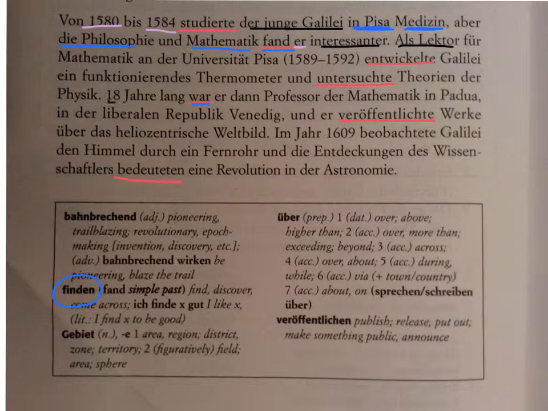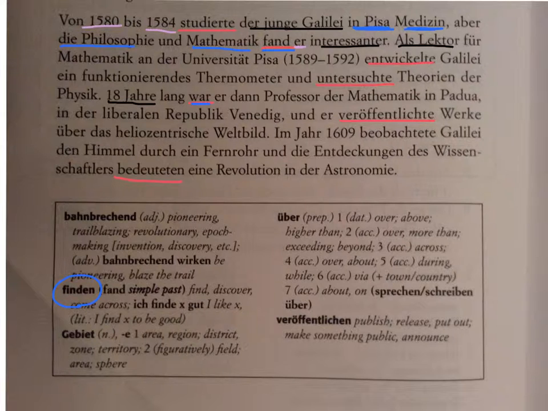Starting here with 18 Jahre lang. I'll read it in German and then I'll give the English translation. 18 Jahre lang war dann Professor der Mathematik in Padua, in der liberalen Republik Venedig, und veröffentlichte Werke über das heliozentrische Weltbild.